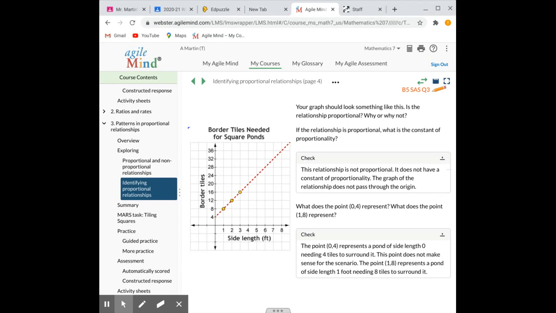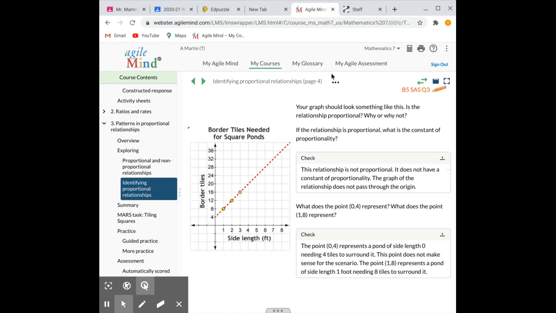All right, so remember our X comes first and our Y comes second. So when it says the point (1, 8), it's talking about the side length being 1 foot per each side. And then our Y is representing the total number of tiles to surround that.